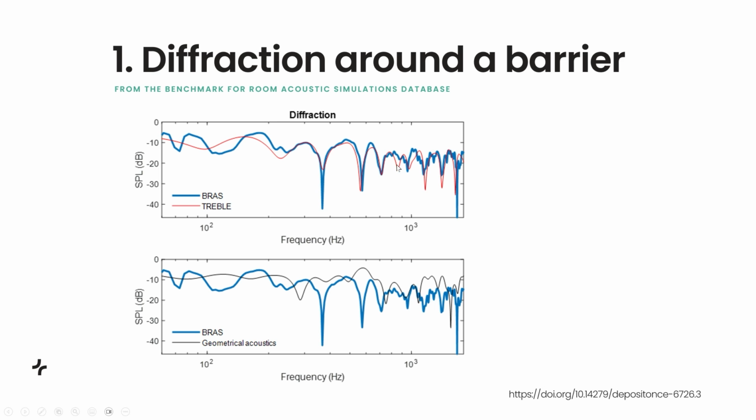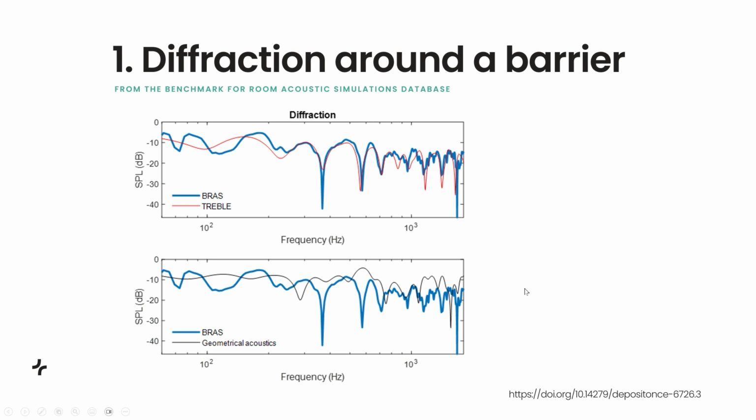So we see the frequency response is captured pretty well. But if you use a geometrical acoustics simulation, in this particular case we used an open source tool called Raven, which is an academic room acoustic simulation tool, which does actually include some approximate diffraction modeling in GA, we still see that that tool is not able to capture the frequency response or the true kind of way of sound bending around an obstacle like this.